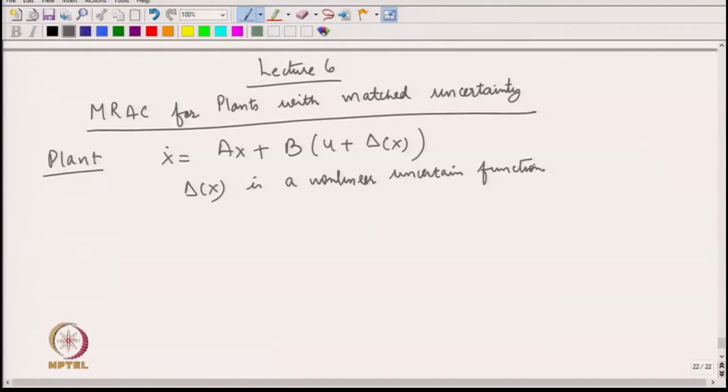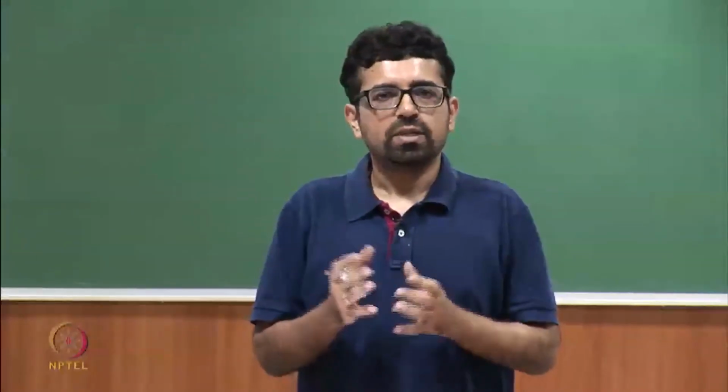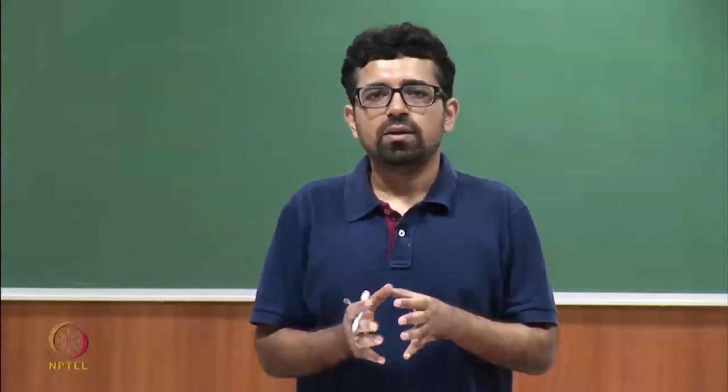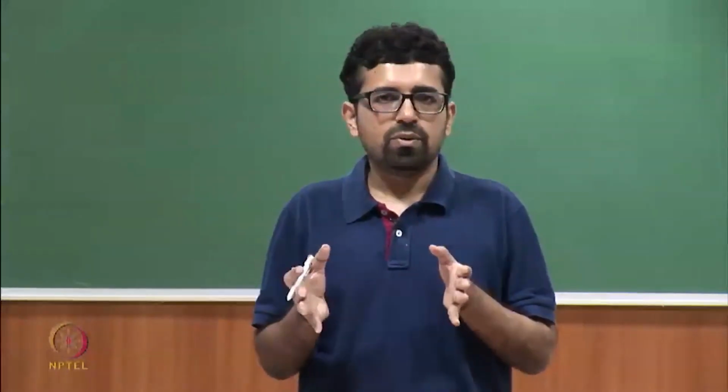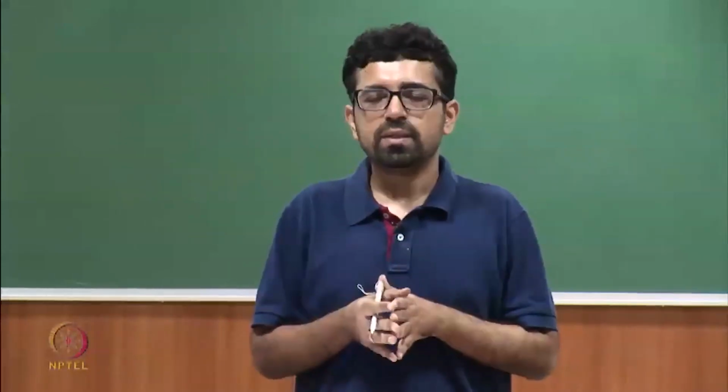So, we assume that this nonlinear term delta of x is a structured uncertainty. There are two types of uncertainties. One is a structured uncertainty and the other is an unstructured uncertainty. Structured uncertainty is one where although the entire term is not known, we know the structure of the uncertain term.